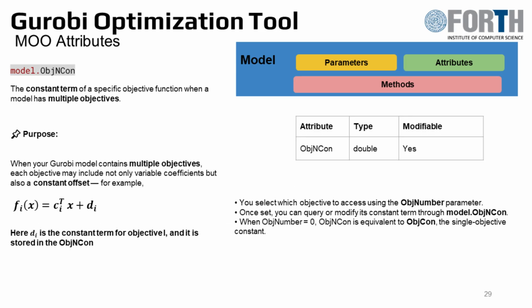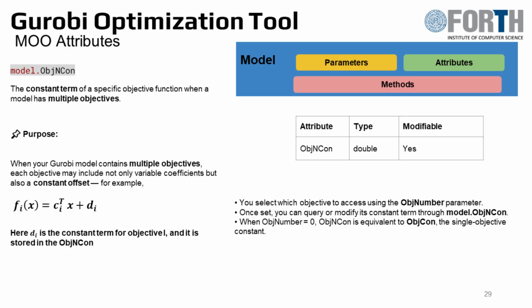In addition to variable coefficients, each objective may include a constant term. Mathematically, an objective can be written as a linear expression plus a constant offset. That constant is stored in ObjNCon. Just like with ObjN, you first select the objective using ObjNumber. Then you can query or modify its constant term.